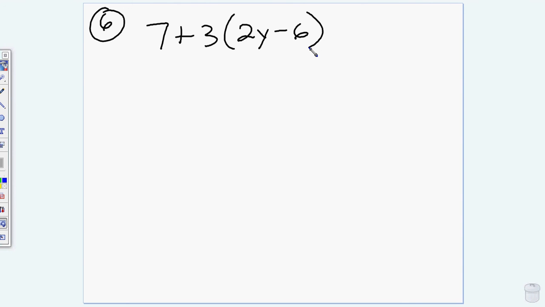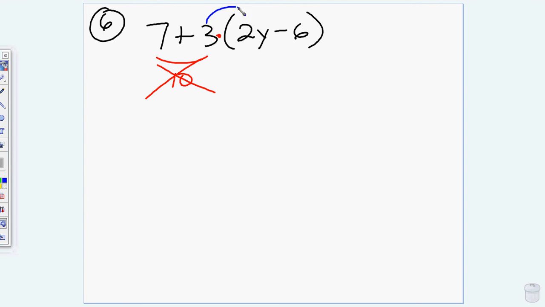They get in a hurry and they think, oh, I need to do 7 plus 3 and get 10. No, you don't want to do that, because our order of operations says that we multiply before we ever add. So I need to do distributive property first.